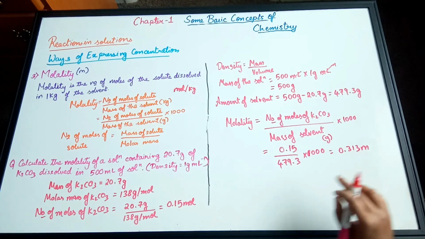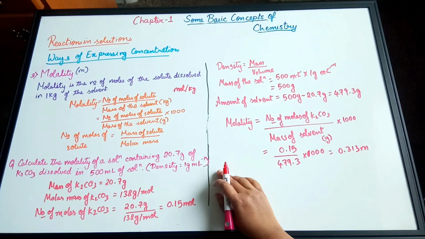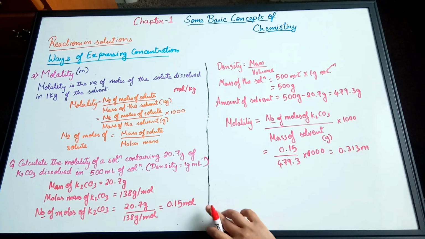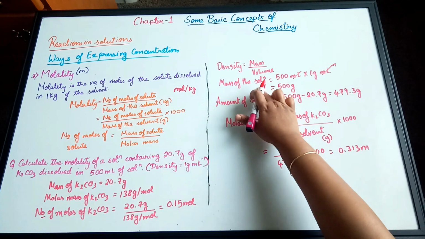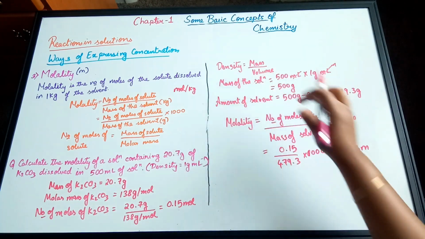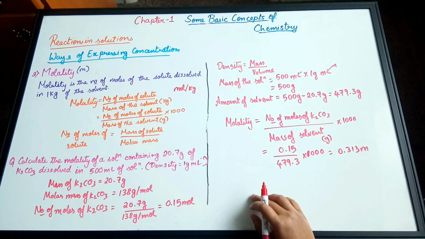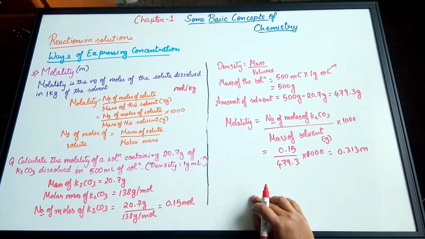So we had been given a solution which has 20.7 grams of K2CO3 dissolved in 500 ml of a solution, and we'd been given the density. First we calculated the number of moles of K2CO3. Then we calculated the mass of the solution by using density equals mass by volume, and from there we had to calculate the amount of solvent, because here we consider only the mass of the solvent. We are not considering the solution as a whole.